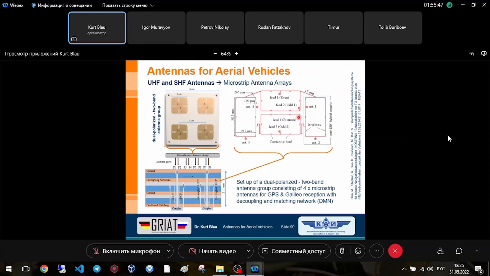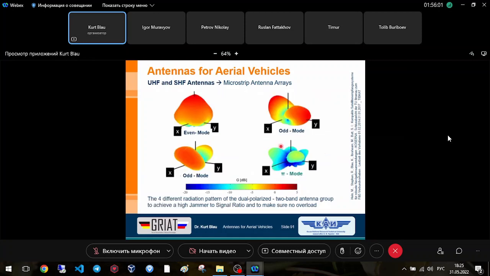If we use these 4 different feeds, every feed shows from this array a different pattern, a different radiation diagram. Again, this is shown here. Let's say this is the diagram of the array if we excite the antenna over feed 1.